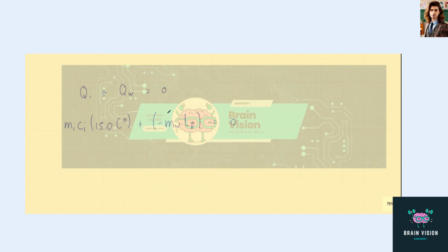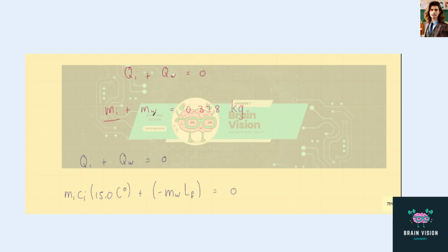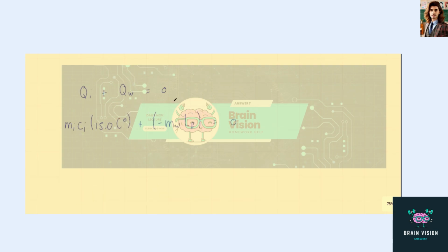And we also know that the mass of the water Mw is simply 0.328 minus the mass of the ice. So we can eliminate the mass of the water and introduce the mass of the ice.